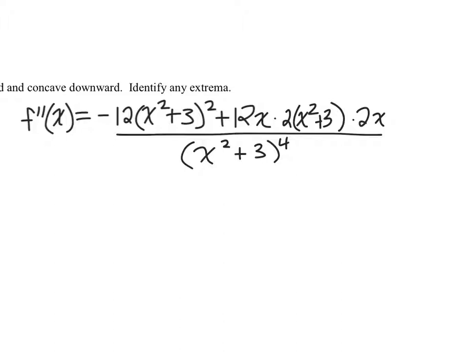So don't do that. Also, distributing out the top may work against you, because I notice here that we have a common x squared plus 3 that can be factored out and canceled across the board. So let's do that. And anything else that can be pulled out, you want to pull it out, right?